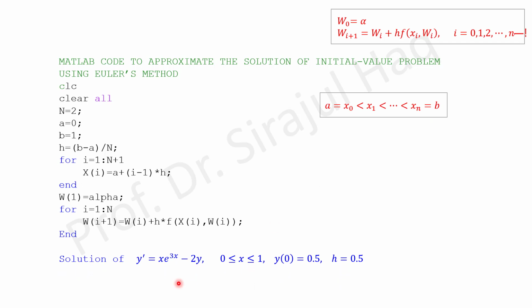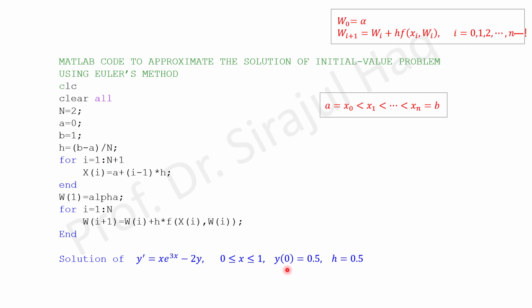For example, if you are having this differential equation, you can see that dy by dx is equal to f of x, y. So this is f of x, y in your case. Of course, you have to use it over here. The domain is starting from 0, reaches up to 1. That's the reason I have taken it from here.